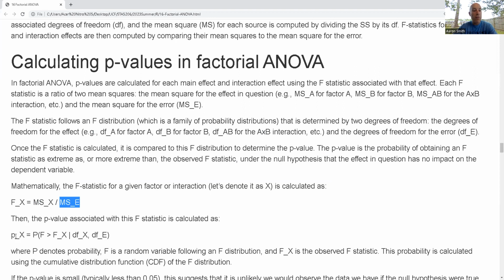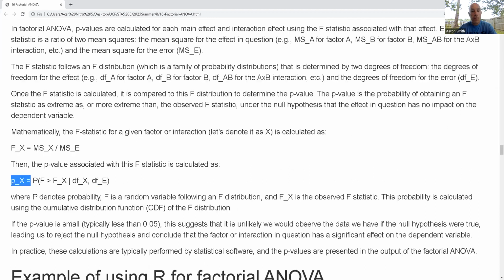And the p-value is the probability of observing that extreme of an F statistic or more given the degrees of freedom that we have in our data. And that gives us the p-value. This p comes from the cumulative distribution function for the F distribution. If the p-value is small, typically below 0.05, this suggests that it is unlikely we would observe the data that we have under the null hypothesis if the null hypothesis is correct, leading us to reject the null hypothesis in favor of the alternative.